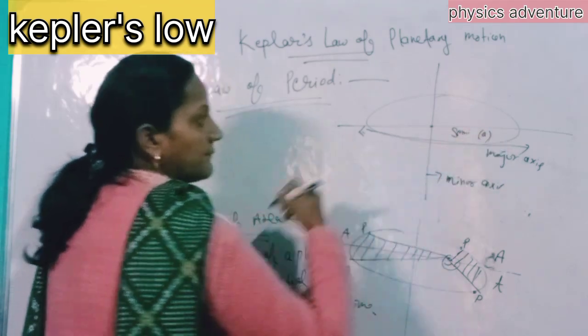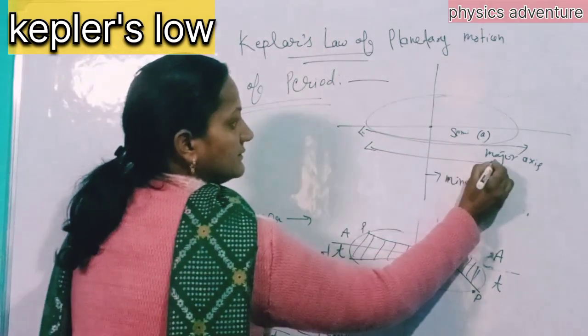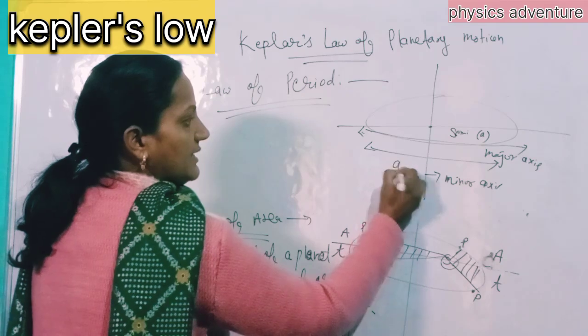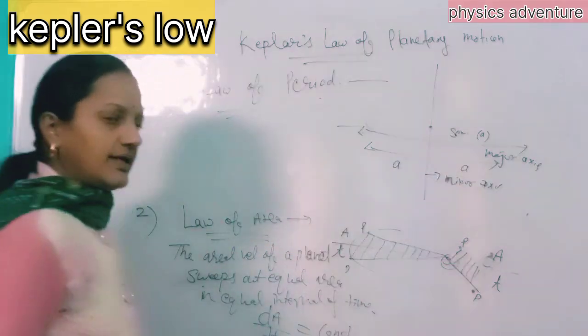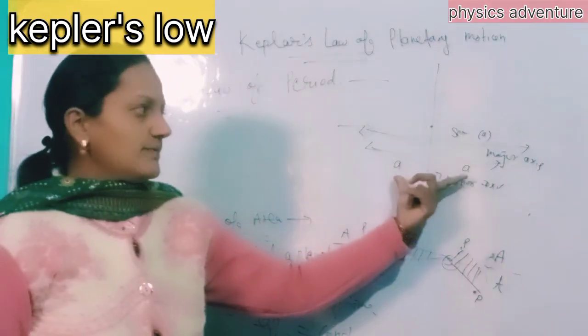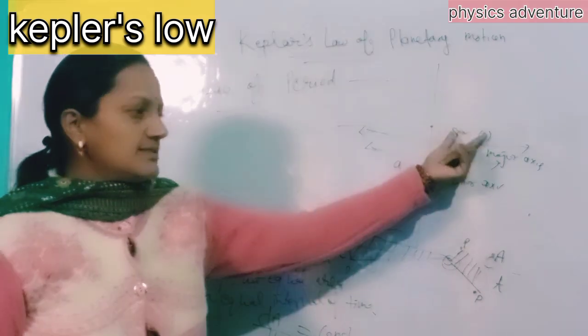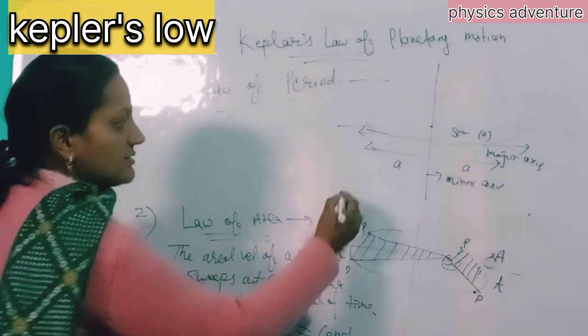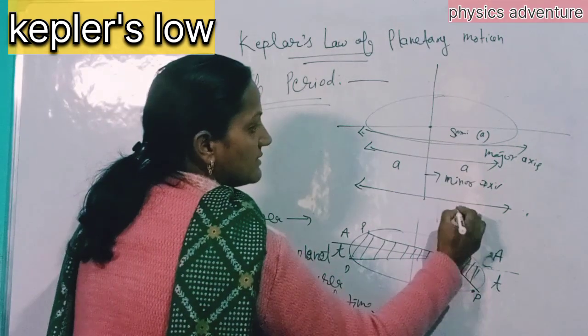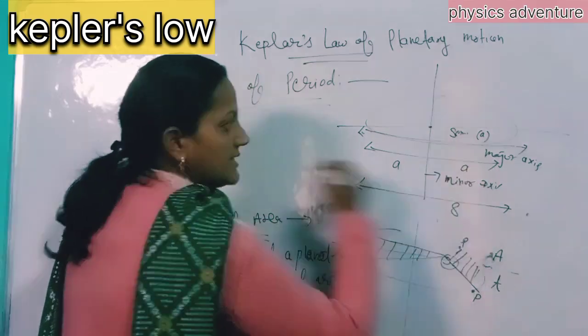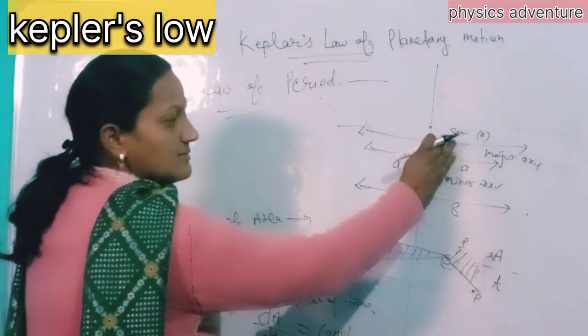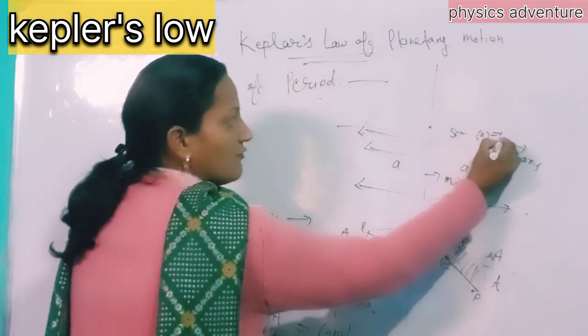Suppose this is A, and here this is A. This will become 2A, and half of this will become A. Suppose the whole axis is 8, then the semi-major axis will become 4.